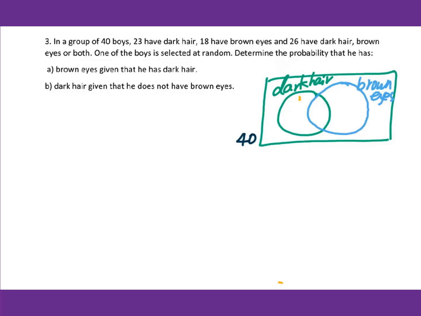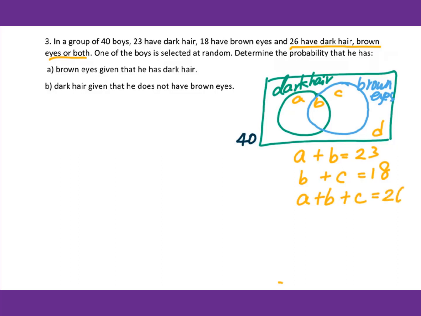That means I have A, B, C, D. You could say A plus B equals 23. B plus C equals 18. And 26 have dark hair, brown eyes, or both, which means A plus B plus C equals 26.